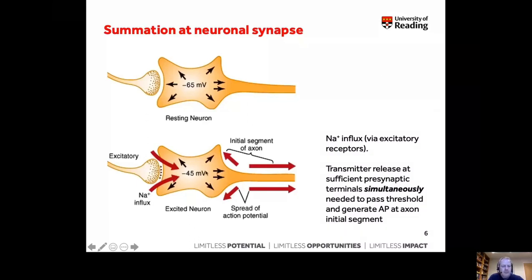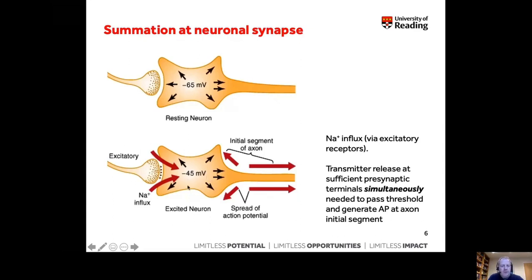As the inside of the cell gets more and more positive, remember that the neuron usually sits between -70 and -90, it moves away from the resting potential and gets more and more depolarized. Say to here, we've labeled it about -45.